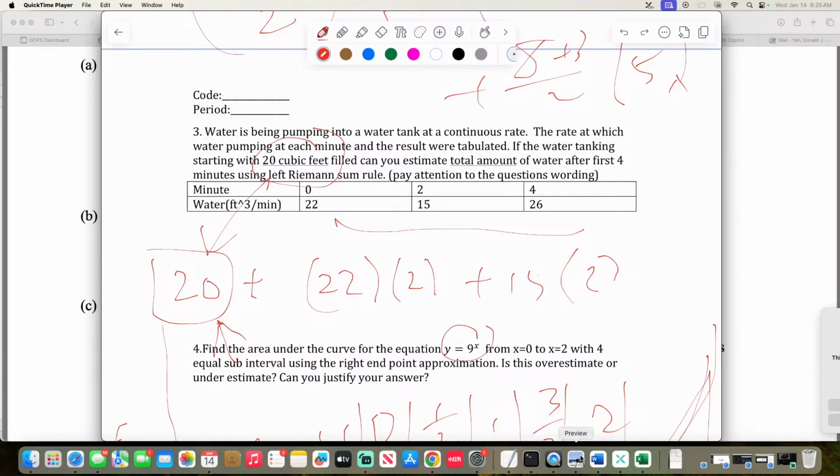But what if I already have 20 there, right? The question is asking, can you estimate the total amount of water after 4 minutes? So the total amount includes what you start with and the integration between 0 and 4. Okay. So yeah, that's why the 20 is there.